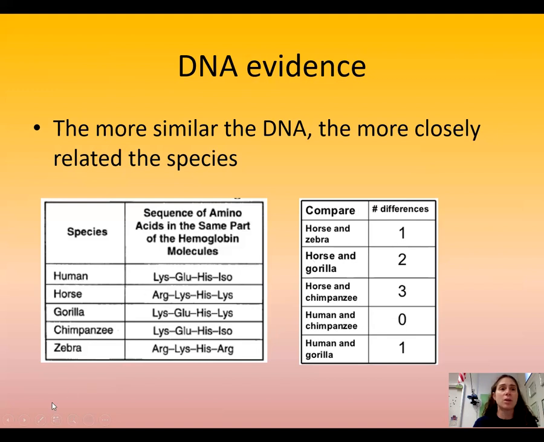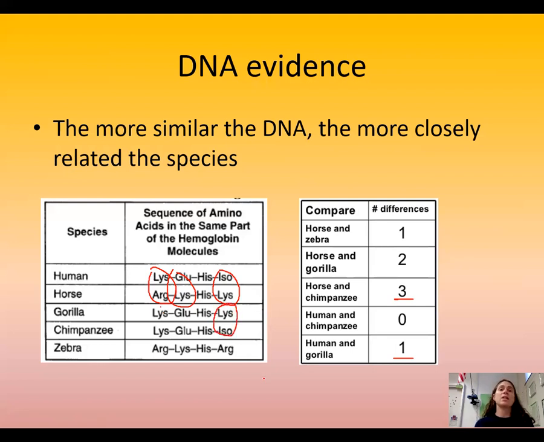This amino acid is different, this amino acid is different, and this amino acid is different. So that's 3 differences compared to 1 between human and gorilla. So I'm going to use the chimpanzee because we know chimpanzee and human are identical. Here, this is the same, this is the same, this is the same, this is different.